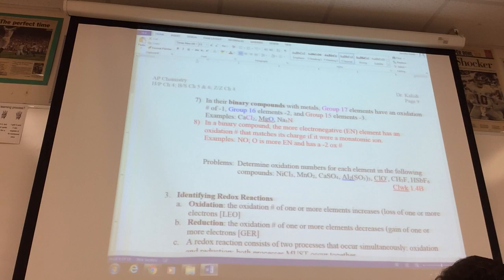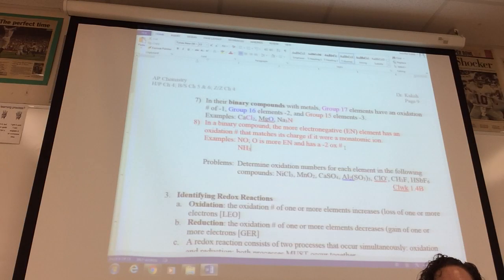I'm going to throw one more example in here because this one's going to bother you. Why is that compound not a hydride? Nitrogen's not a metal. So if nitrogen's not a metal, what's the H? +1.